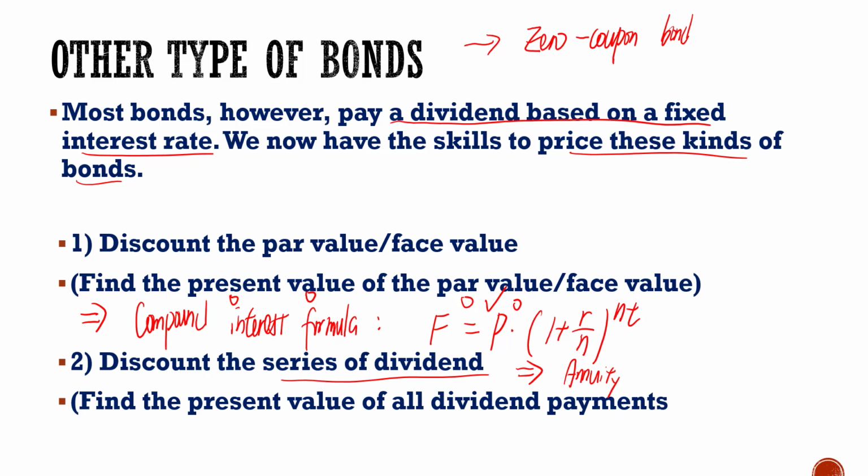Lump sum payment, that's at the present time, right? So as a bondholder, you want to figure out how much the series of dividends is worth right now. So we are using the present value of annuity formula to find out the present value of all the dividends.